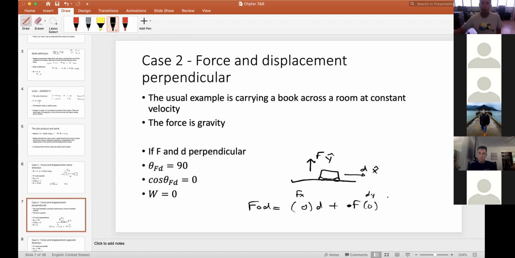But as the object gets lifted, D is up and the force of gravity, which is mg, is down. And the work is force of gravity dotted with D. Now, obviously, this is negative mg, so this is negative mg times however high you lift it. You do negative work. It costs energy to lift something up against gravity.